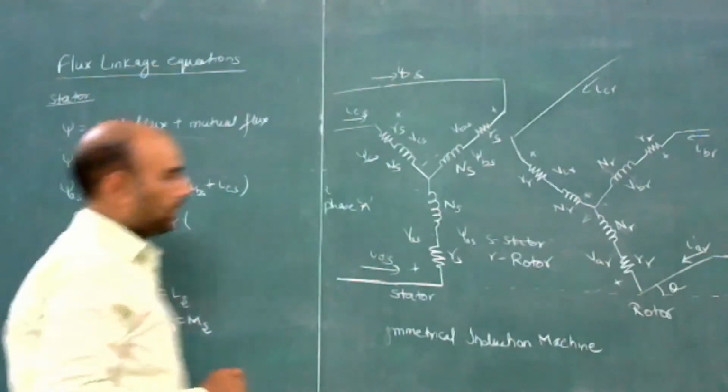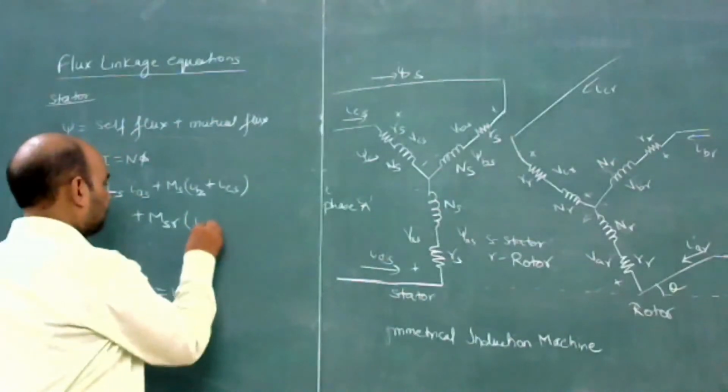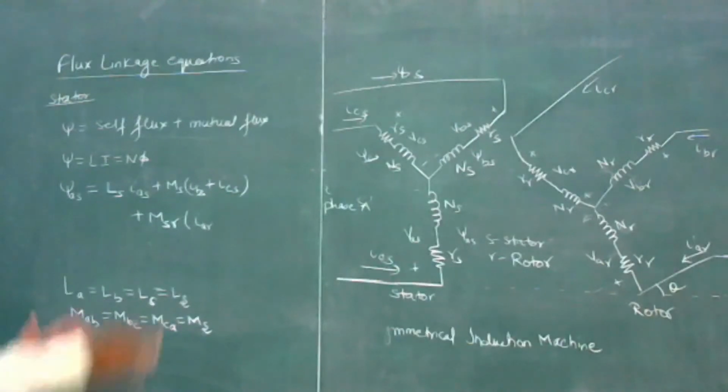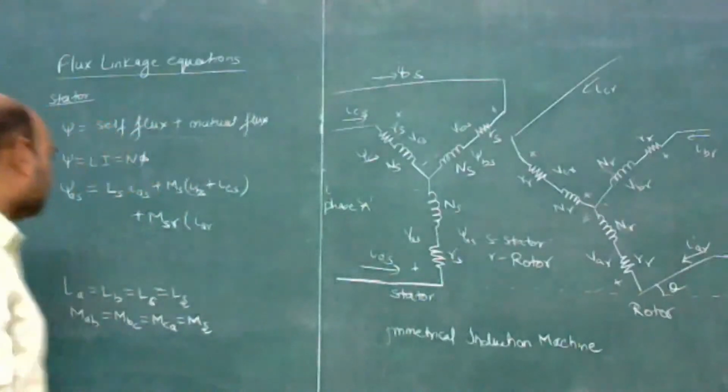The current flowing in this winding is IAR, but it is displaced by an angle theta.